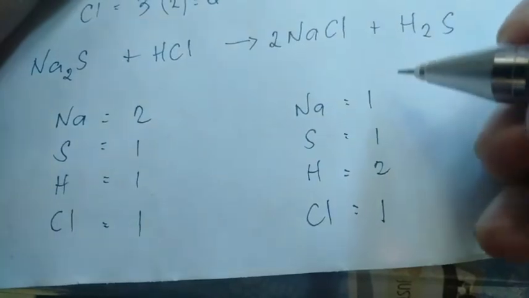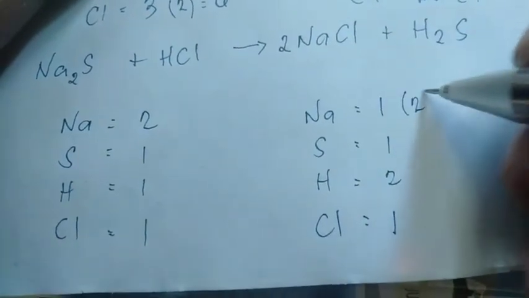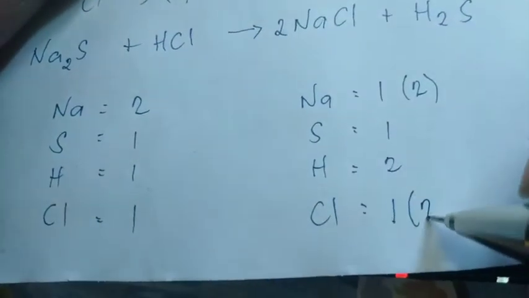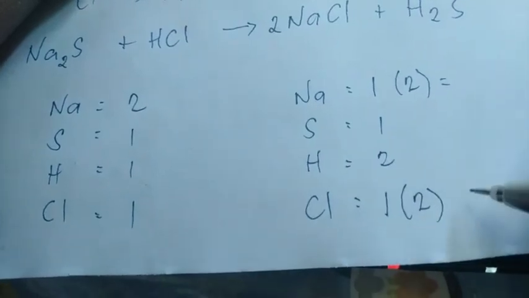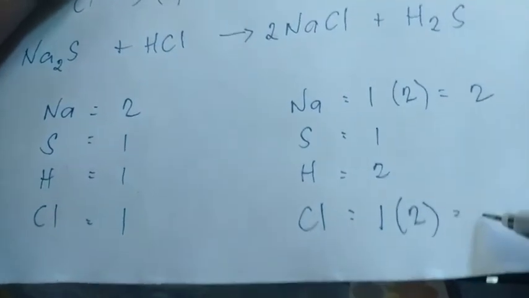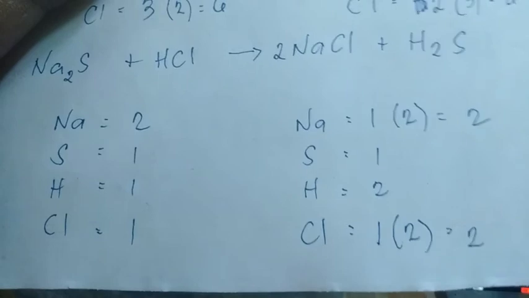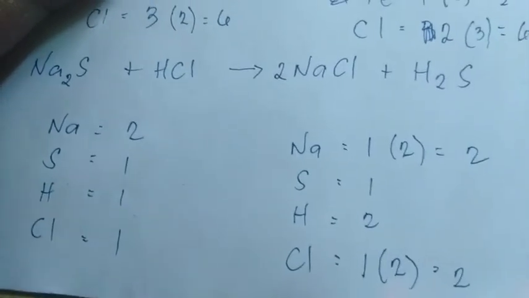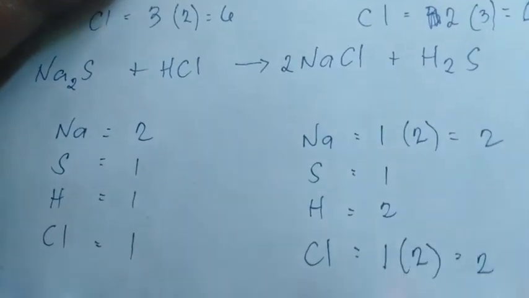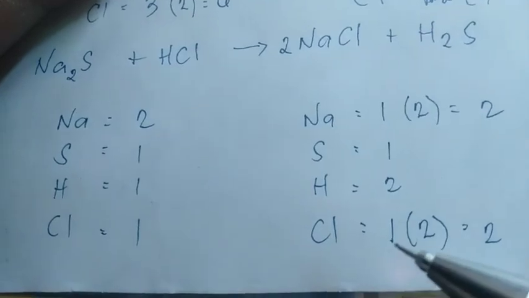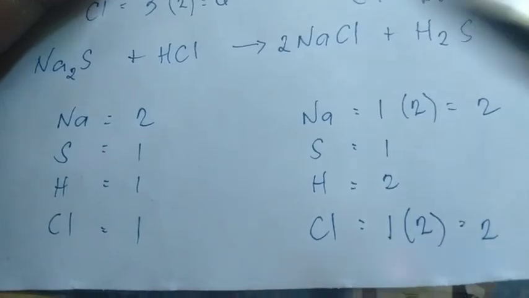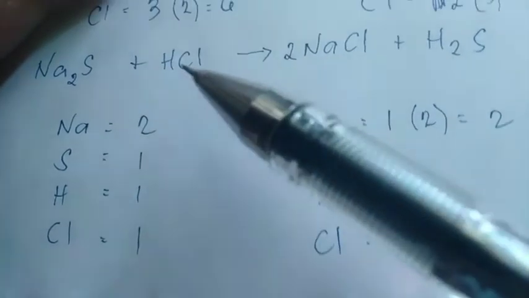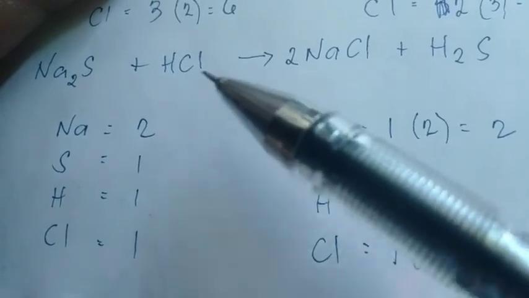So, that will become sodium multiplied by 2, chlorine multiplied by 2. So, that will become 2. And then, this one, 2. Balance na yung sodium natin, but naging 2 naman yung chlorine natin. So, we need to add 2 doon sa chlorine na meron tayo sa reactant.